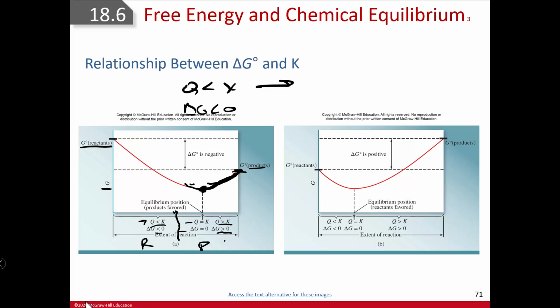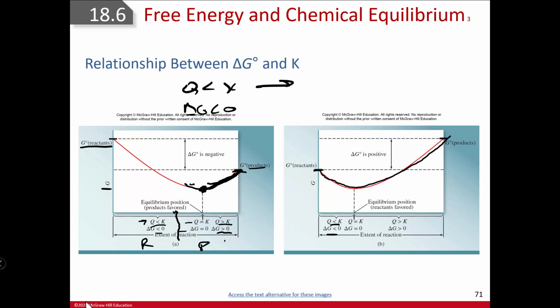So in this reaction, the reactants are of lower Gibbs free energy than the products. So it takes effort to get up the hill here. Again, the reaction happens because Q is less than K, and delta G is less than 0, so the reaction is spontaneous.